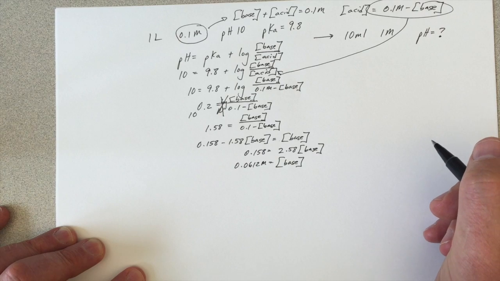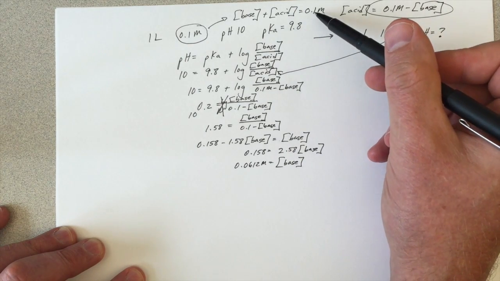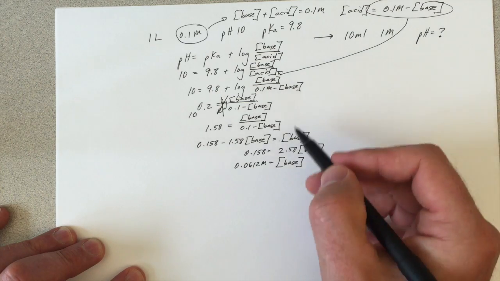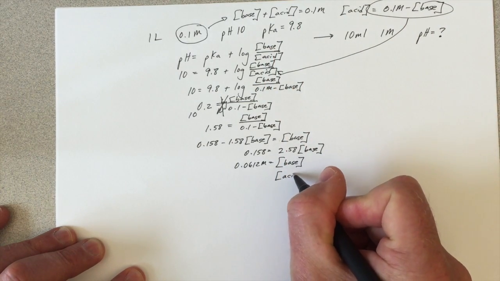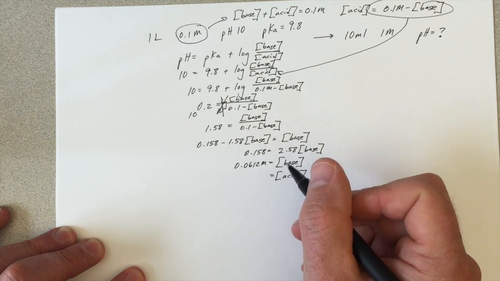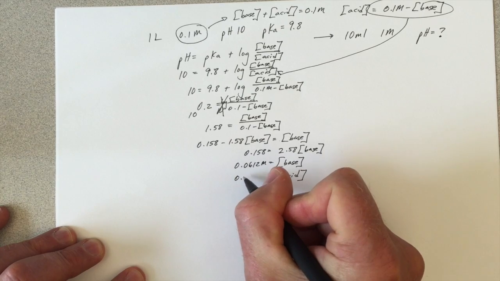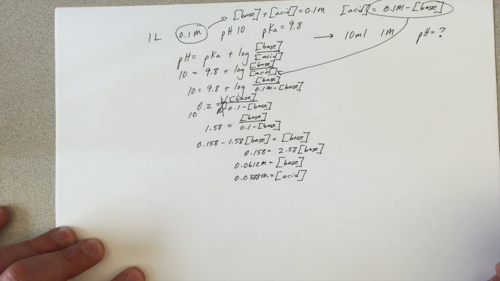Now, since I know that the concentration of base plus concentration of acid equals 0.1 molar, I can just plug the base in here. And I will know that the concentration of acid in my original buffer equals 0.0388 molar.